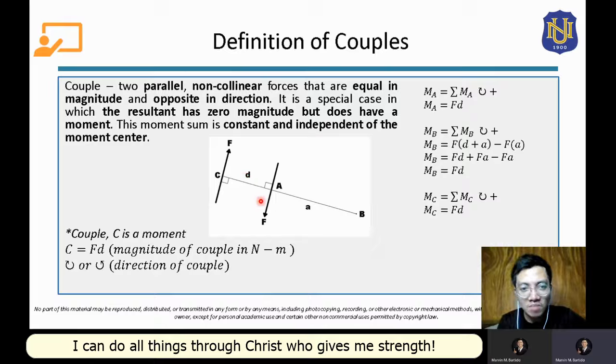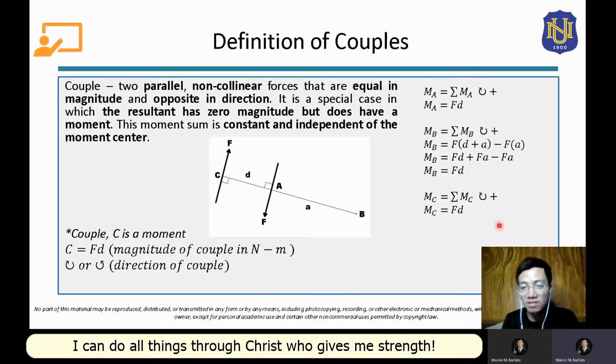Since this force passes through point C, it will be cancelled. It will have no moment effect about point C. But this force will have a moment effect about point C. It will have this moment F times its perpendicular distance D. So that will be FD, and its direction of rotation about point C will be clockwise.